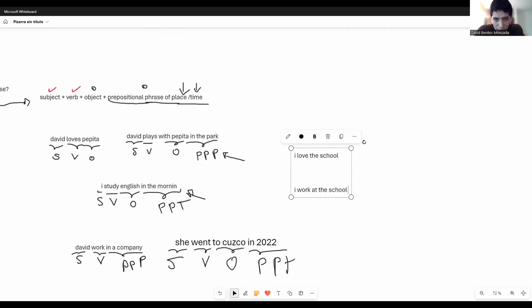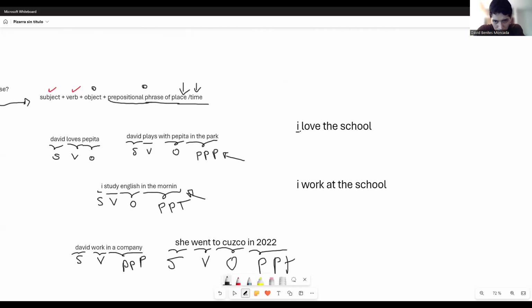I love: I is the subject, love is the verb, and the school is the object. But the school in this sentence is a prepositional phrase of place, right?